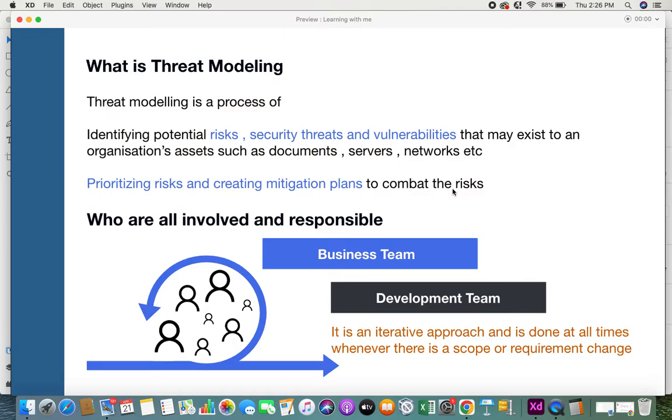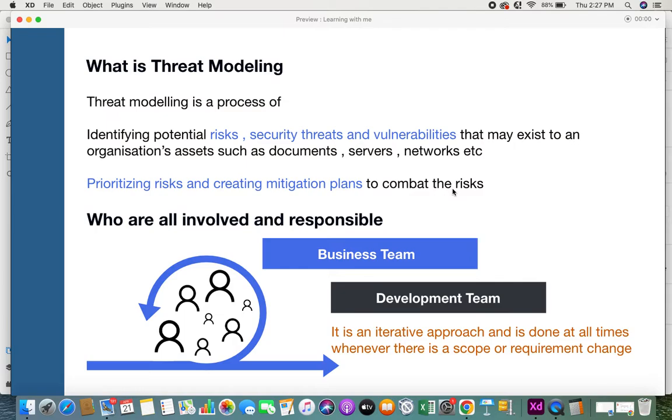Once these risks are jotted down and prioritized, organizations also need to create mitigation plans, because only when mitigation plans are created, then when a particular security threat or risk arises, organizations would be able to quickly take up mitigation plans and execute them in order to avoid loss of information and also loss to their finances. That's why mitigation plans are created.